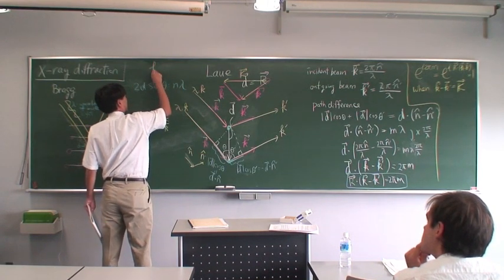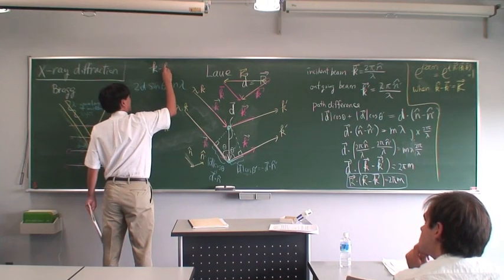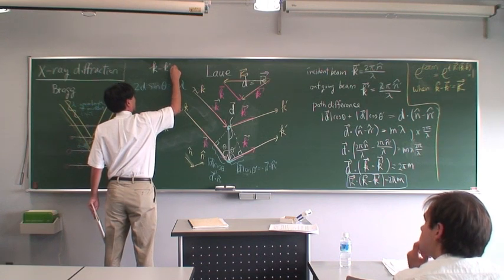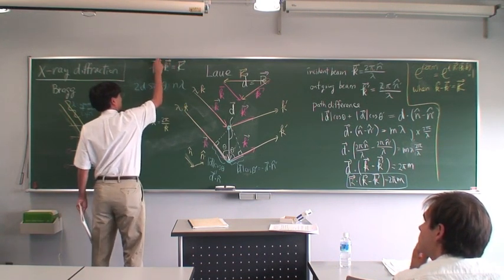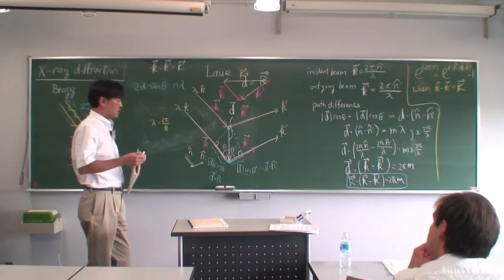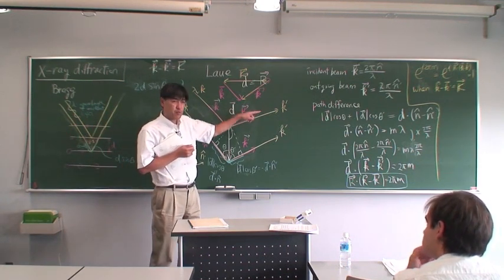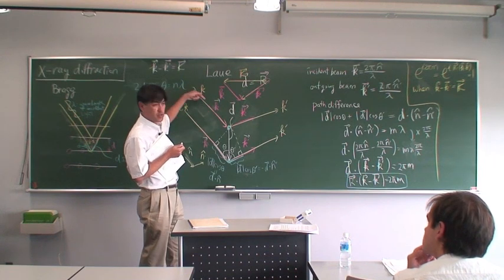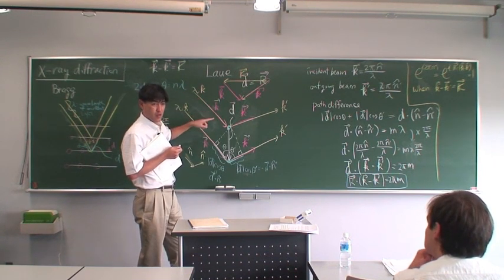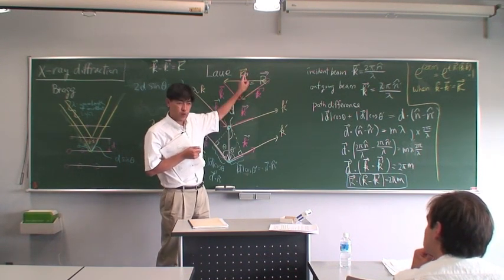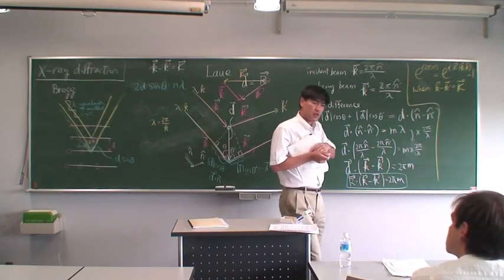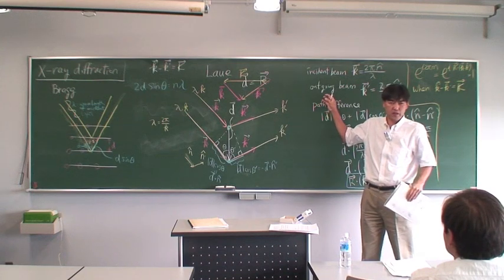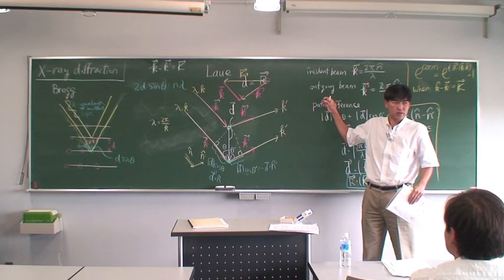What I said is that k minus k prime is a reciprocal lattice vector. Usually the incident beam direction is given, but the outgoing waves go everywhere. The question is in which direction the scattered light becomes very strong.